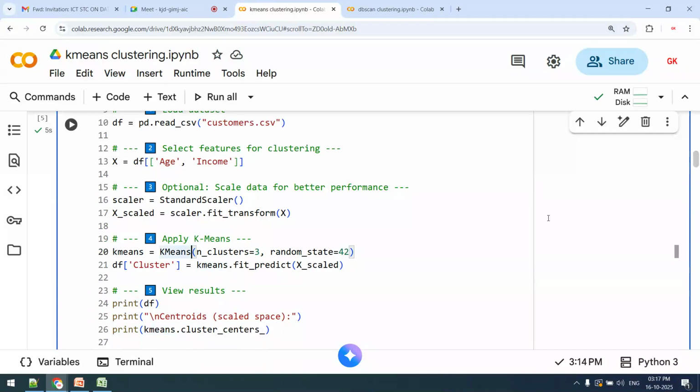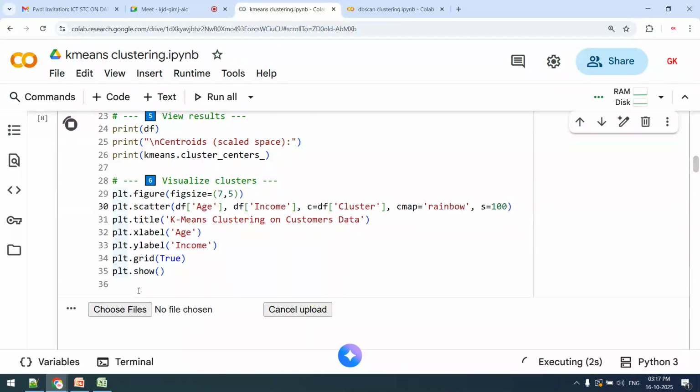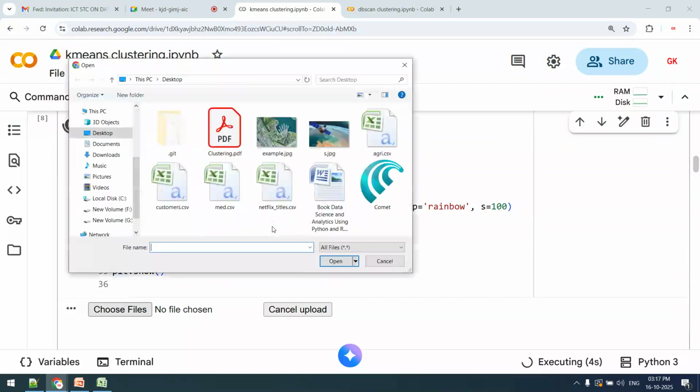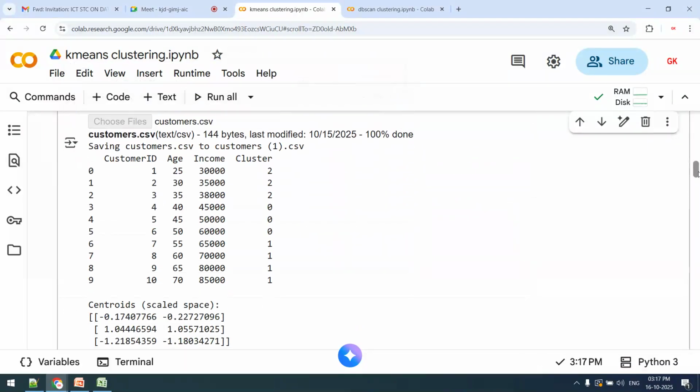This is the major problem, the major challenge in the K-means algorithm: we have to decide and define the number of clusters. First of all I will run it, and after that I will come to that part. So for this CSV sheet, I am uploading customers.csv, and its clusters will be formed, no problem.